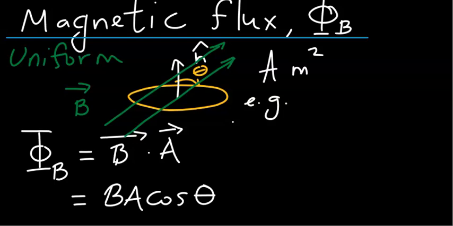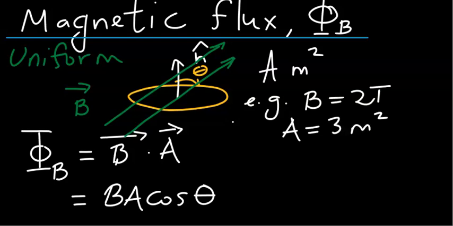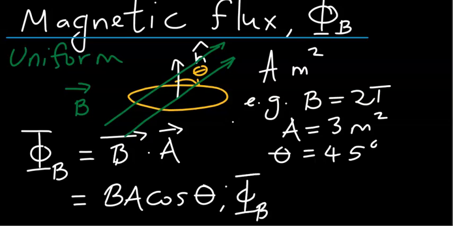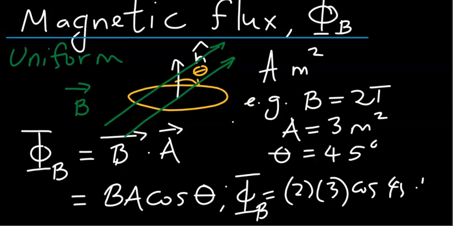So if, let's say, the magnetic field has a magnitude of 2 Tesla, and the surface area of that loop is, let's say, 3 meter squared, with the angle between the normal vector and the magnetic field being 45 degrees, the magnetic flux through this loop is therefore 2 times 3 times cosine 45 degrees, which will give you 4.24 Weber, or Tesla meter squared.